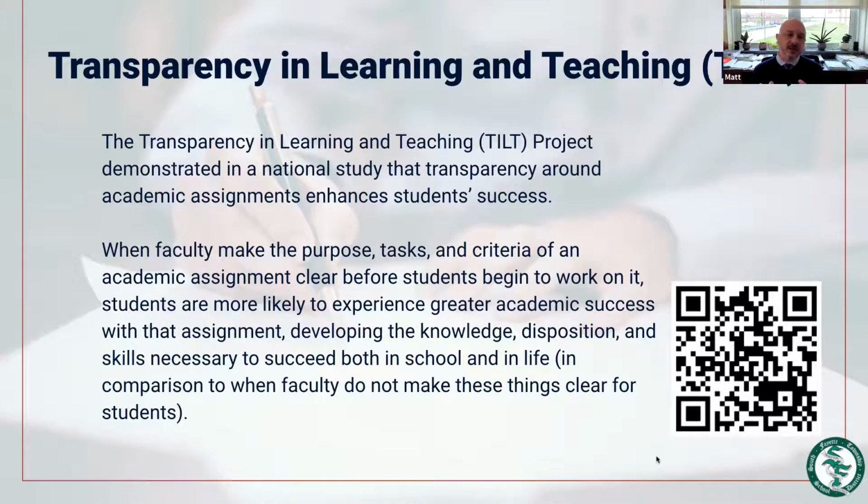It is also then clarifying for students the tasks that they need to complete in order to successfully finish the activity or assignment. And then finally, it is outlining for students in a very clear way, either through a rubric or a checklist, the criteria for success.